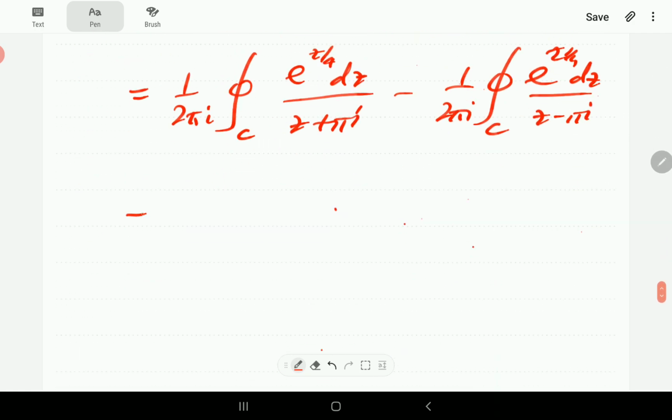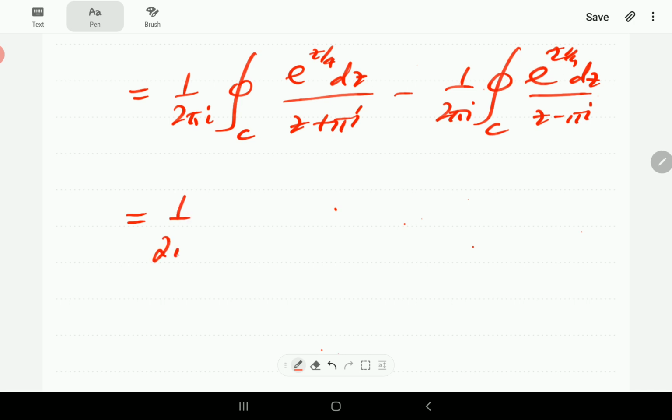So for the first one, z naught is going to be negative pi I, and f is just going to be this. With this one, z naught is going to be pi I, and f is going to be that function.